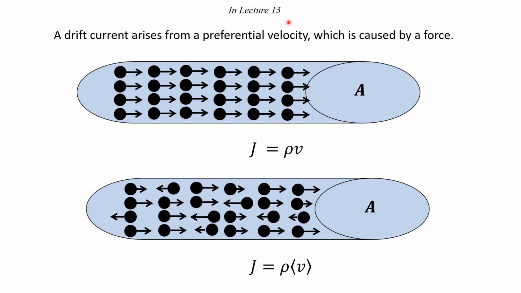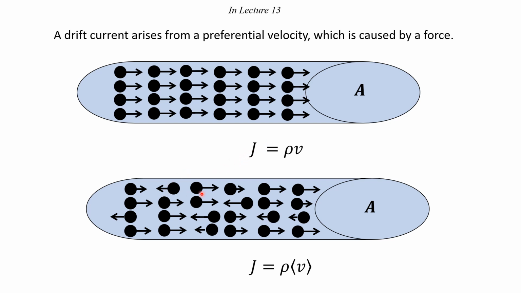So in lecture 13, we looked at drift currents. Remember that a drift current is the current associated with a preferential velocity, and this velocity is usually caused by a force. We first considered a simpler situation where we had a gas of particles and they all traveled in the horizontal direction, and then we found this relationship between the current density, the concentration of particles, and the velocity of the particles.